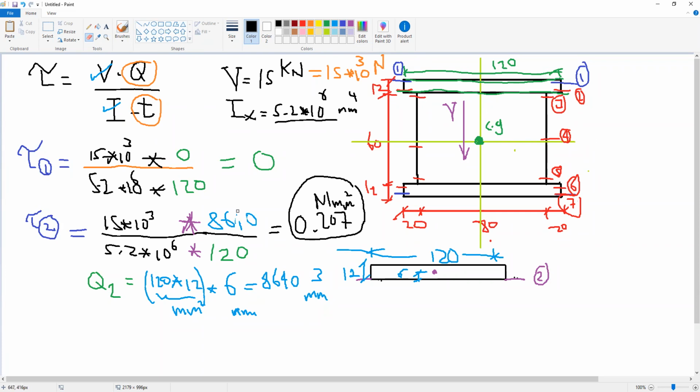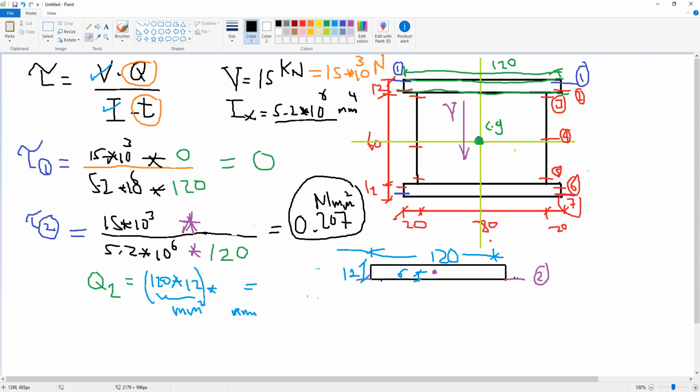We'll repeat this again. Q is the moment of area from the centroid of the total section. So Q here is not this number. This value is wrong.